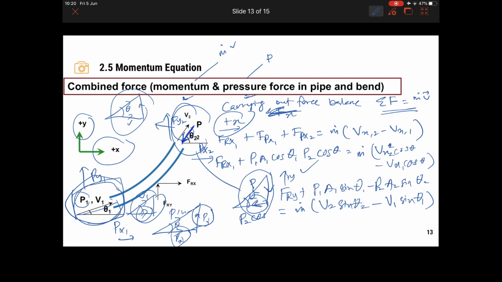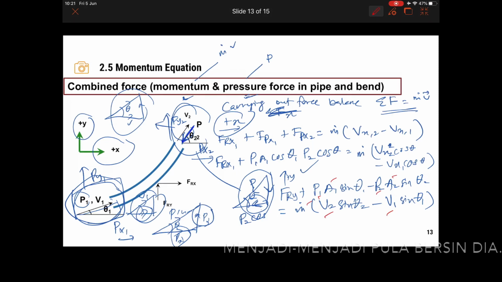You need to figure out from this expression V2, V1, P2, P1, and then similarly the areas, and then theta. Usually theta is given. M dot you can also figure out from the density, and usually it's given as well.